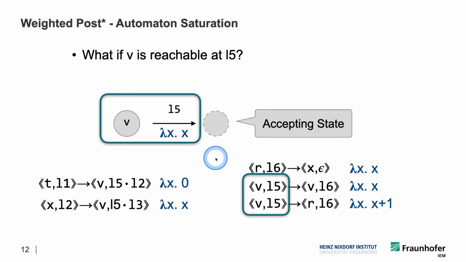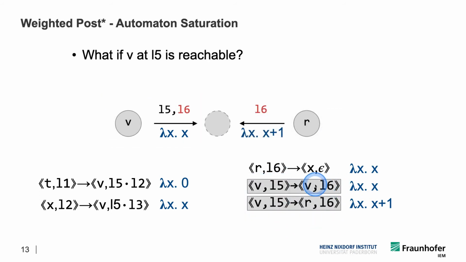Now, like we had before in the poststar automaton saturation algorithm, we're matching this against the existing rules, right? And here we again have these 2 rules that match. And so we apply them, right?